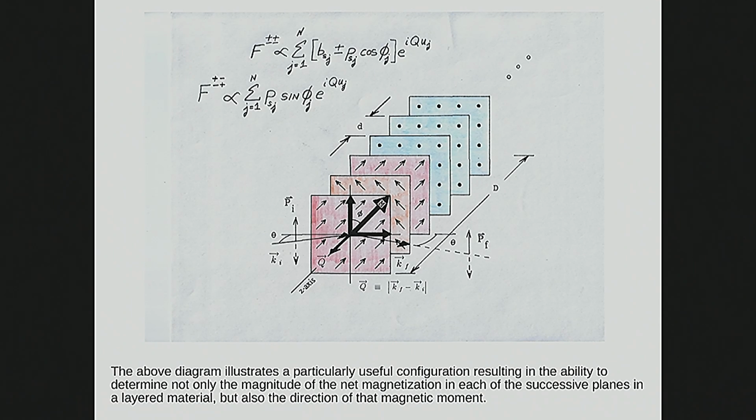So I get the vectorial magnetization depth profile. This is extremely powerful. This is how we know almost everything we know about the microscopic magnetic architecture of materials: it comes from neutron scattering in this way. Okay?